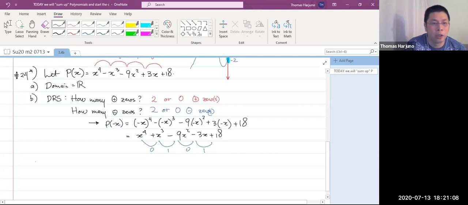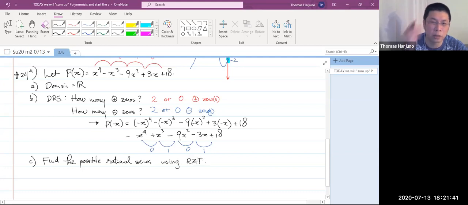How about the rational zero theorem? What does the rational zero theorem say? Find the possible rational zeros using the rational zero theorem.